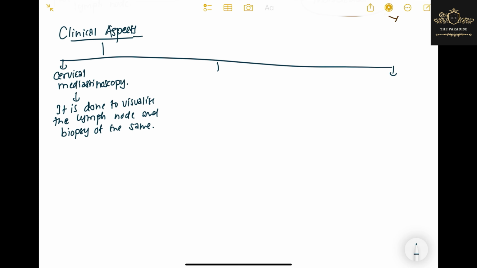Next is mediastinal syndrome. The word syndrome means a group of symptoms.